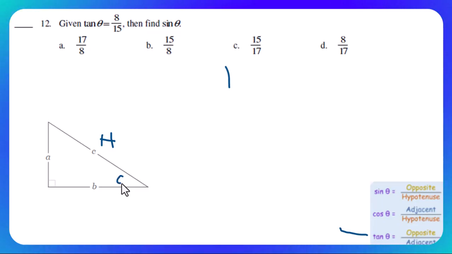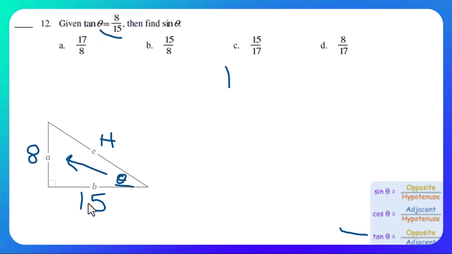We'll call this theta. So opposite, the tangent would be 8, and adjacent, what's right next to that, what's making up that angle, is 15. Okay, so that's what we have.